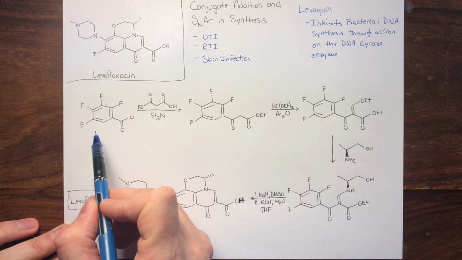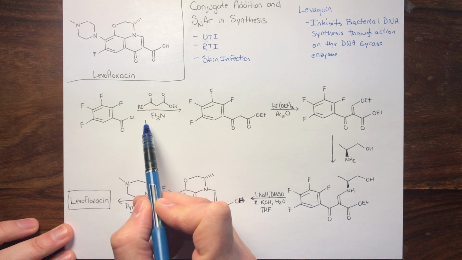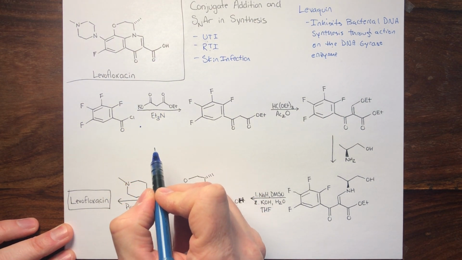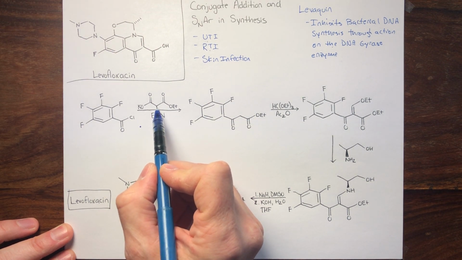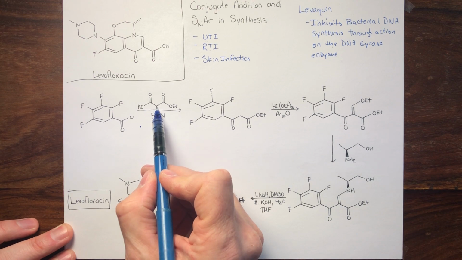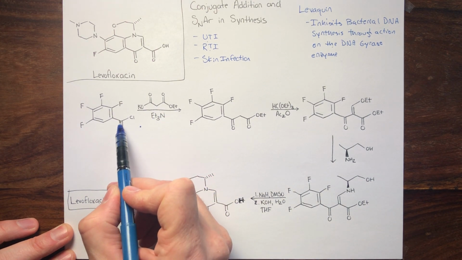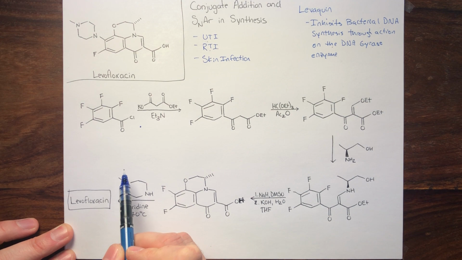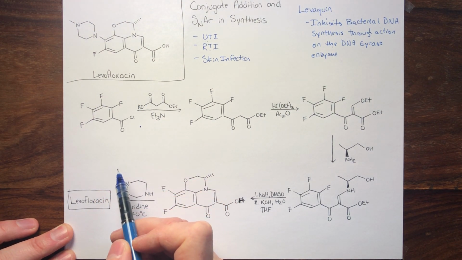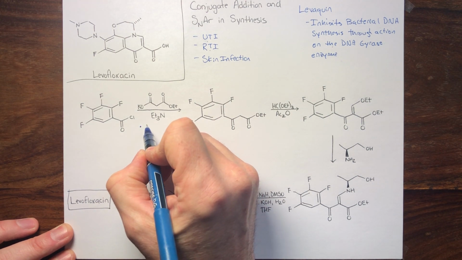So we're starting off with this acid chloride, and we can accomplish this Claisen condensation followed by a decarboxylation when we treat this dicarbonyl with a base. The nucleophilic carbon will add to the carbonyl carbon, effect a substitution, and then we would lose this part of the molecule through decarboxylation.